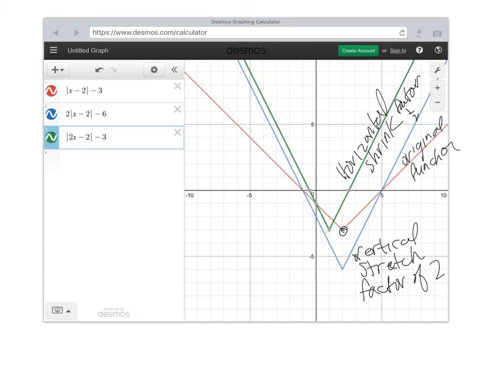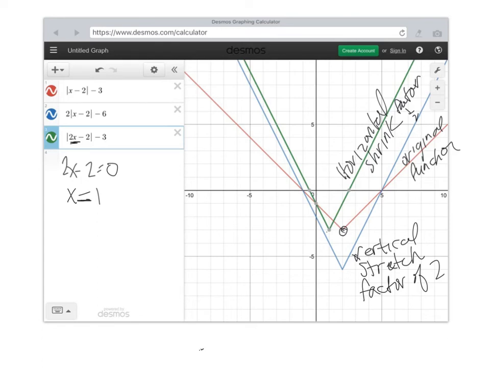Notice that my equation for the blue represents that my vertex is now at -6. The y value changed, the x value stayed the same. But my equation on the green changed the x value of my vertex. With the 2 inside, to find the vertex just from the equation, we would take 2x minus 2 equal to 0 and solve that, and we get x equals 1. So my equation represents inside. When I changed the inside of the function, it horizontally changed it.